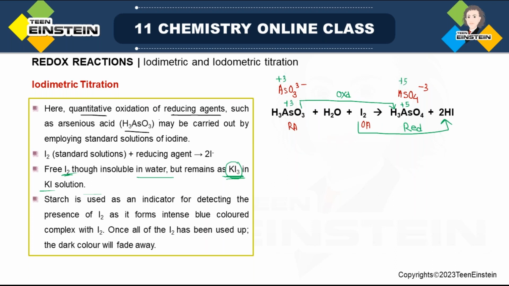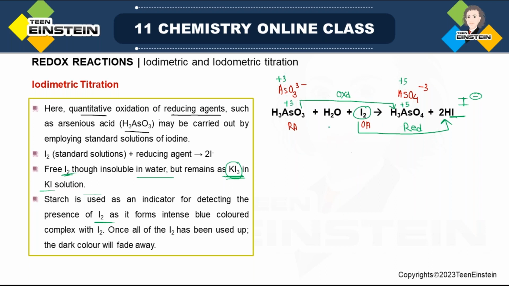In this case, starch is used as an indicator for detecting the presence of iodine, as it forms an intense blue colored complex with iodine. And once all the iodine has been used up, the dark color will fade away gradually. Once the reaction is over, you have only I minus, so blue color formation is not possible.